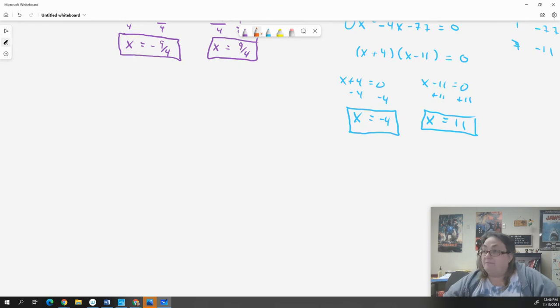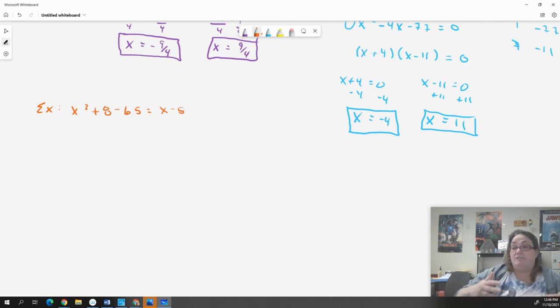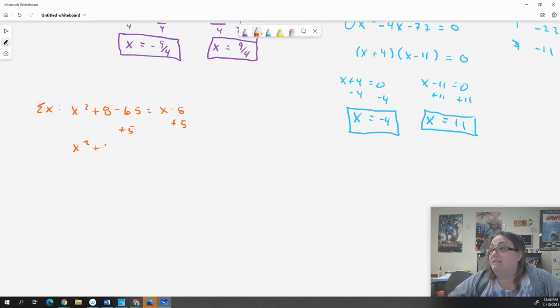If I have x squared plus 8x minus 65 equals x minus 5, to get this set equal to 0, we just have to do a little bit more work, right? We have to add 5 to both sides, which would give us x squared plus 8x minus 60 equals x.